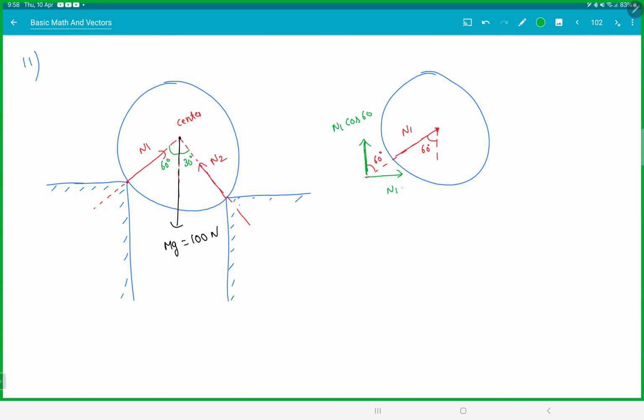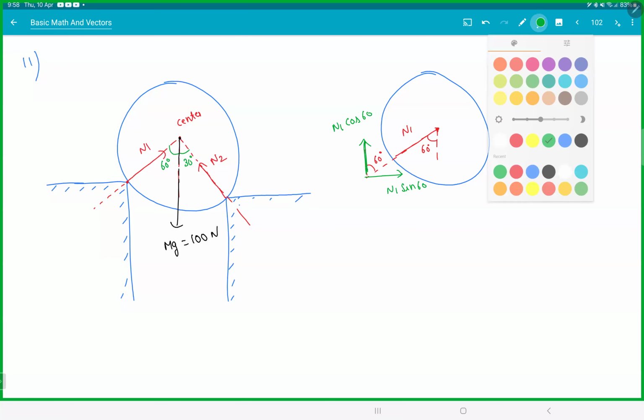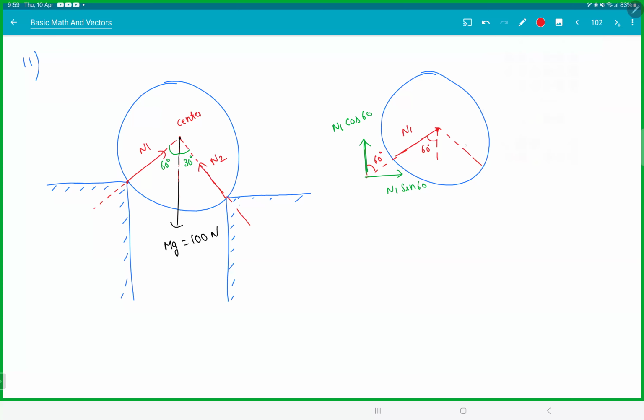This is N1 sin 60. Yes? So this is N2. This is 30. This angle is also 30. So this will be the adjacent side. N2 cos 30. And this is N2 sin 30. And your weight is 100.